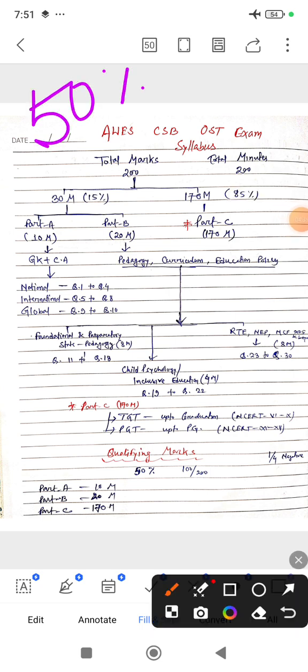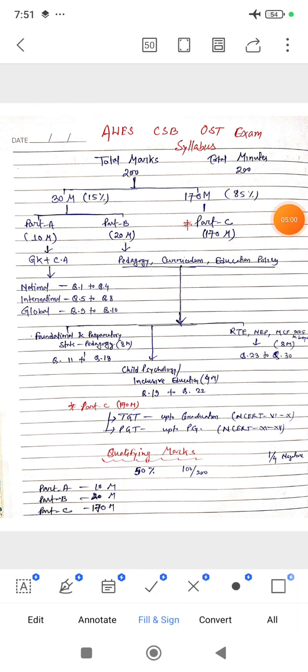It may come completely from your subject part. There is no prerequisite that you have to qualify part A with 50% or part B with 50%, because this is the new process. It has been there for the last 2 times. However, this is the best and most profitable one for you.